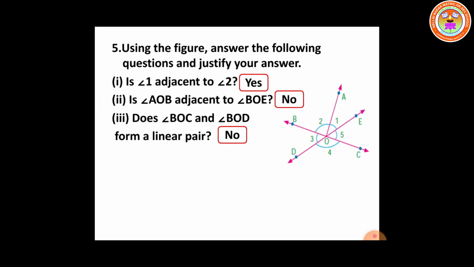Because angle BOC itself is not a straight angle. So the sum of angle BOC and angle BOD exceeds 180 degrees, so it does not form a linear pair.